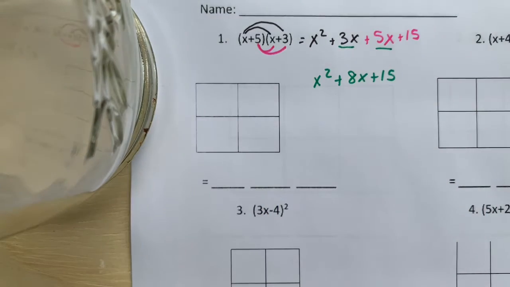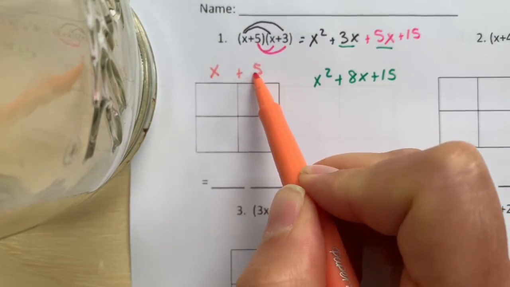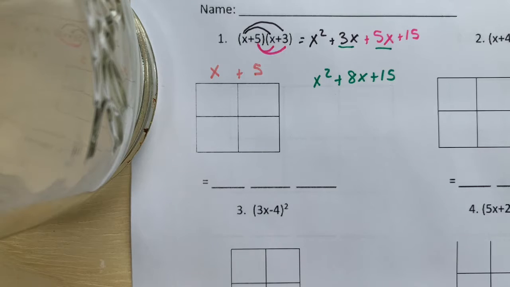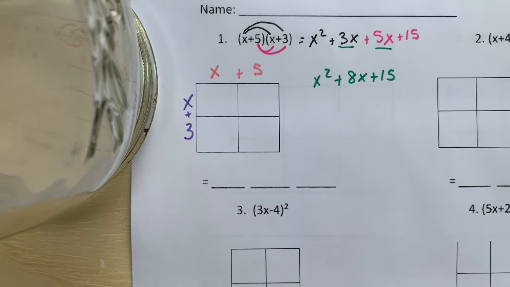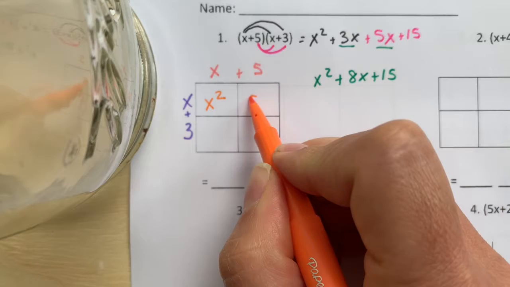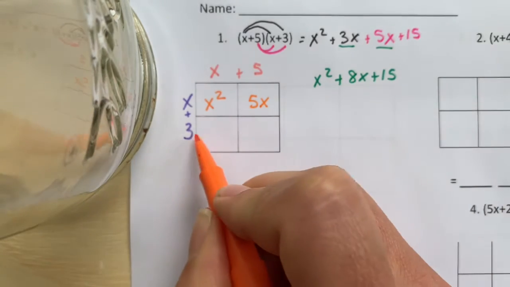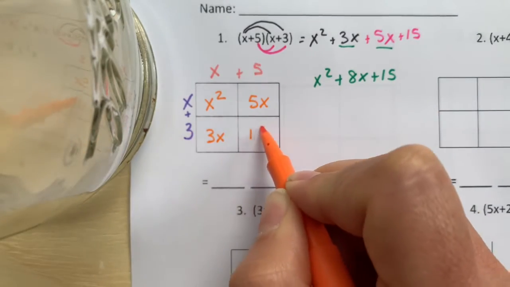Now, the other way you can do this is to look at this as the area of a rectangle, where I'm going to take my x plus 5 here, and I'm going to do my x plus 3 here. So then I can say that x times x is x squared, x times 5 is a 5x, x times 3 is a 3x, and 5 times 3 is 15.